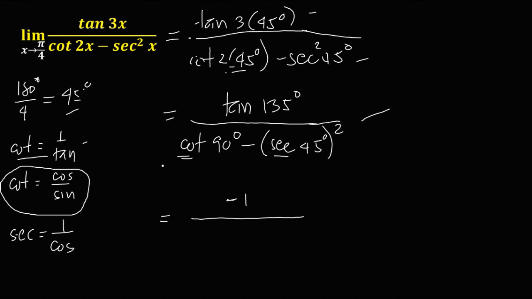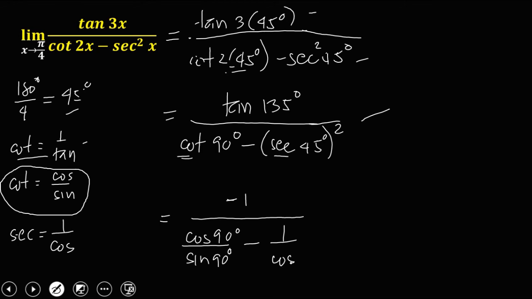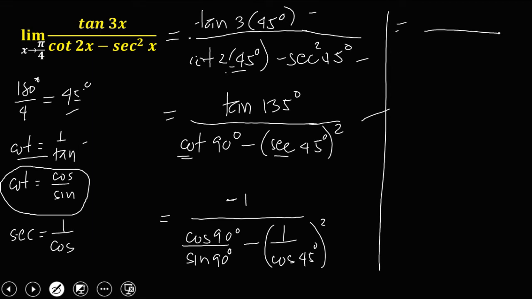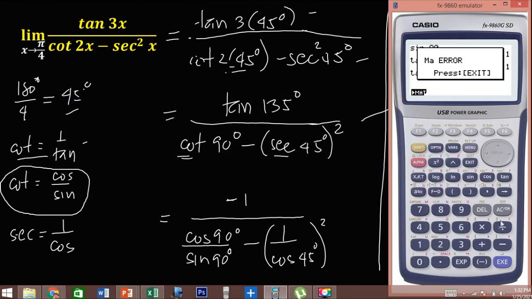So cotangent 90 is the same as cosine 90 over sine 90 degrees. Then minus, for secant, that's 1 over cosine 45 degrees, then there's a square outside. Then to simplify, we have negative 1. Then cosine 90 is 0, and sine 90 is 1.